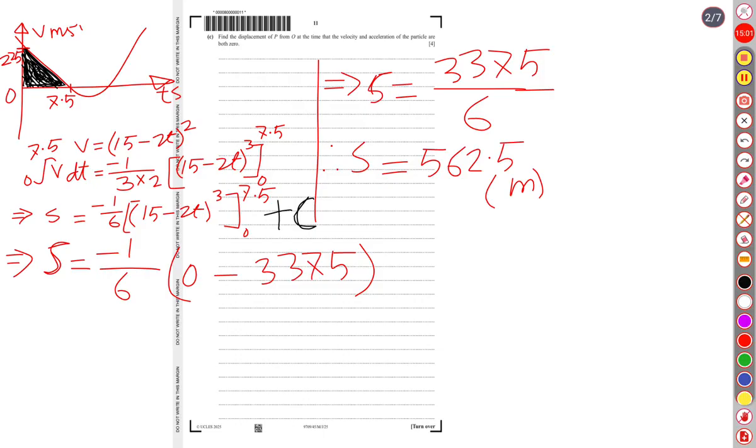Displacement starts from the vertical axis, in the positive direction of x. So at the beginning it was on the vertical axis, so there is no displacement at the beginning. That's why there should not be any constant value. I think you got my point.